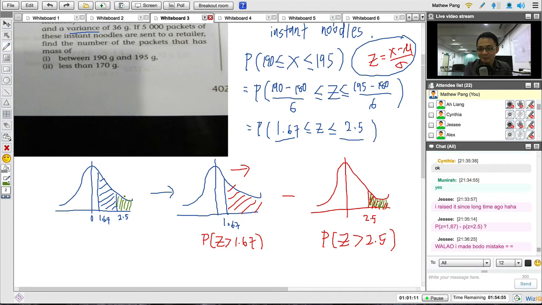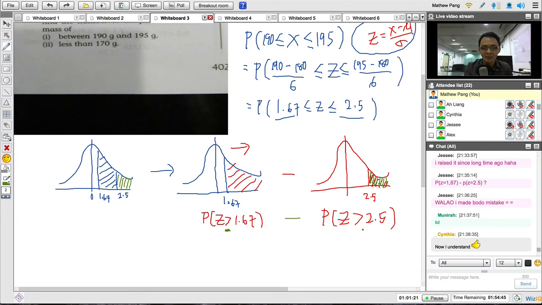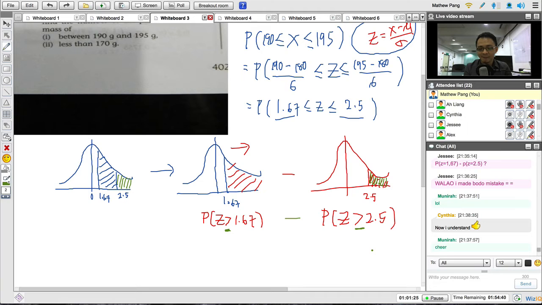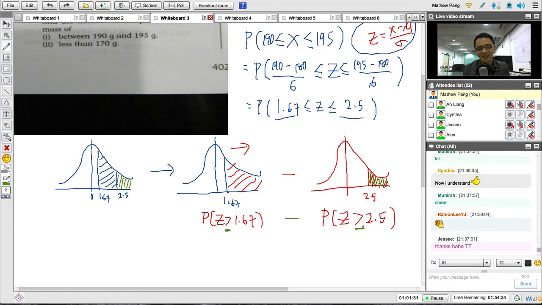Do you see that? Therefore I use this one minus this one, because I always want my symbol to be bigger, because with bigger and positive I can straight away find the Z value table. You sure you can understand? If you can understand this one, you definitely can do this question. Okay, but this is so hard to understand. But anyway, let me just continue.